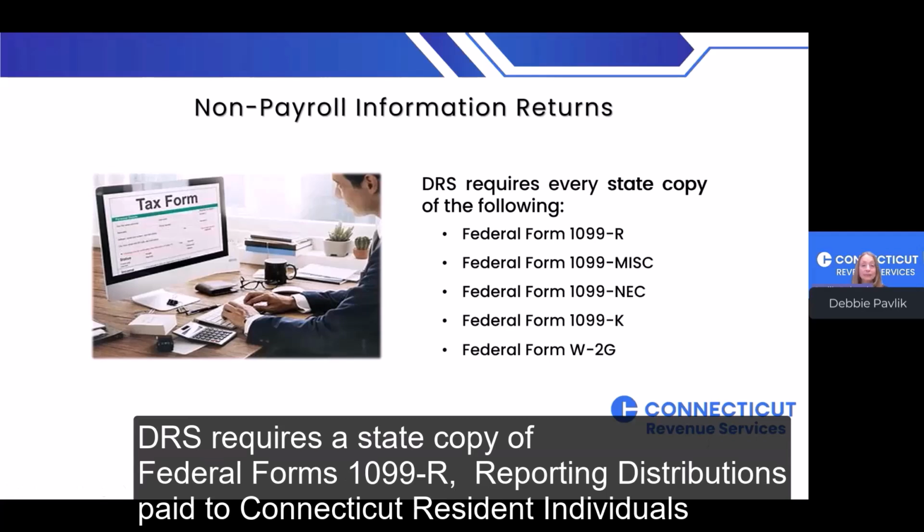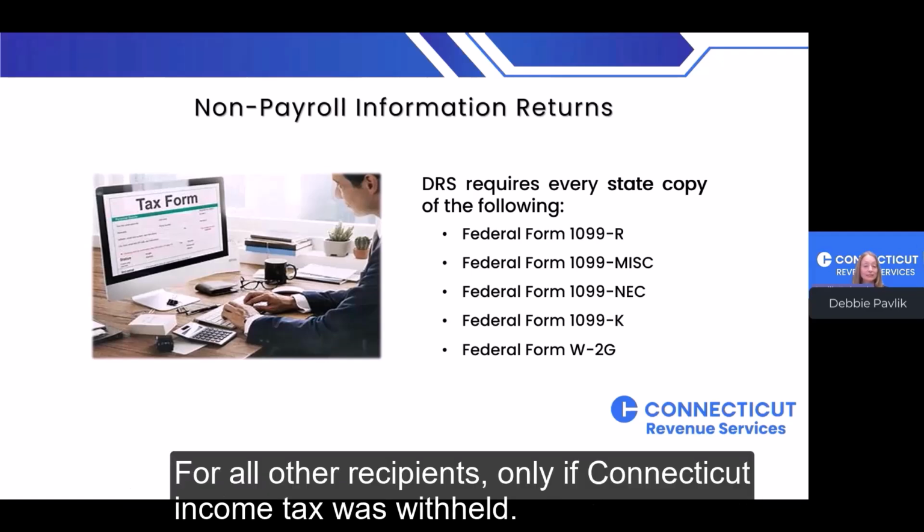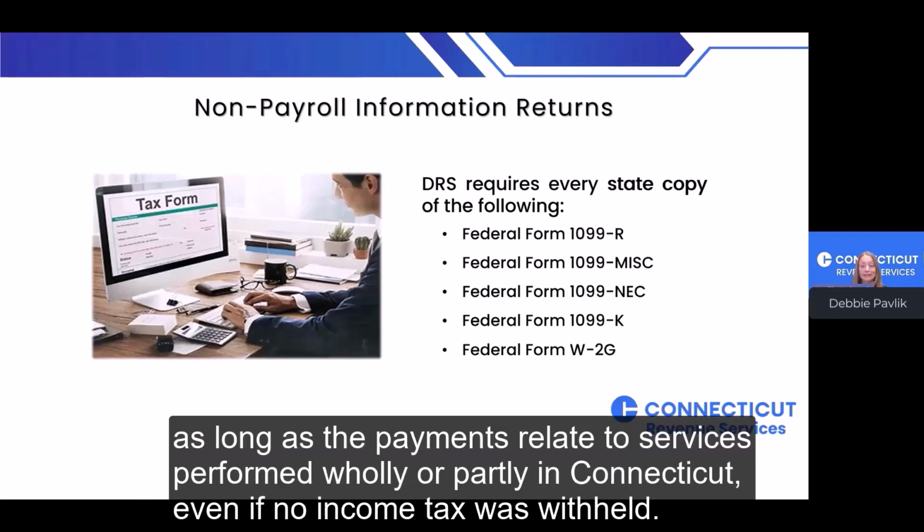DRS requires a state copy of federal forms 1099-R reporting distributions paid to Connecticut resident individuals even if no Connecticut income tax was withheld. For all other recipients, only if Connecticut income tax was withheld. Federal Form 1099 Miscellaneous is used for payments made to Connecticut residents as long as the payments relate to services performed wholly or partly in Connecticut, even if no income tax was withheld.